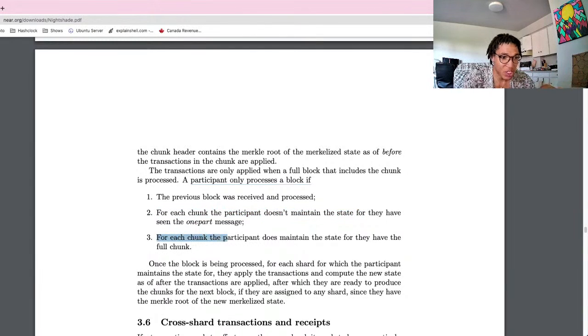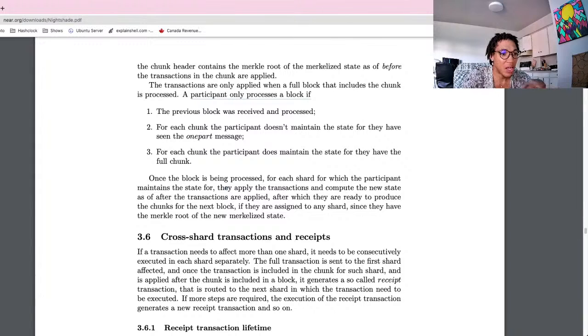And for each chunk, the participant does maintain the state for, they have the full chunk. Okay. Then once the block is being processed, for each shard for which the participant maintains the state for, they apply. Who's they?